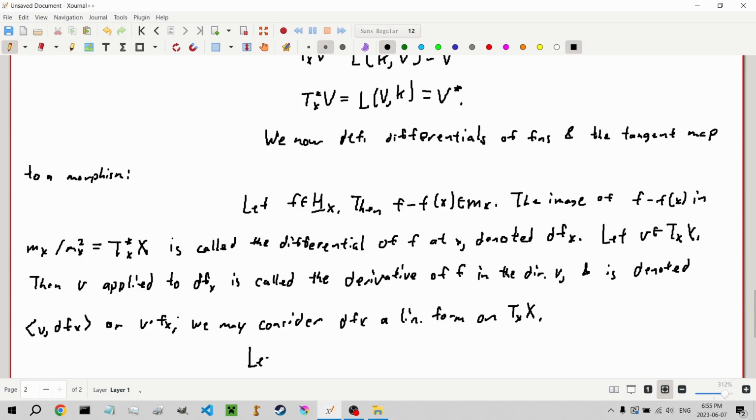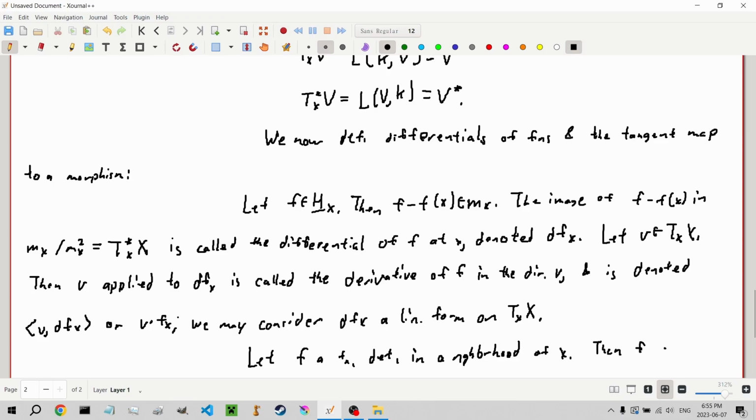Now let f be a function defined in a neighborhood of x.